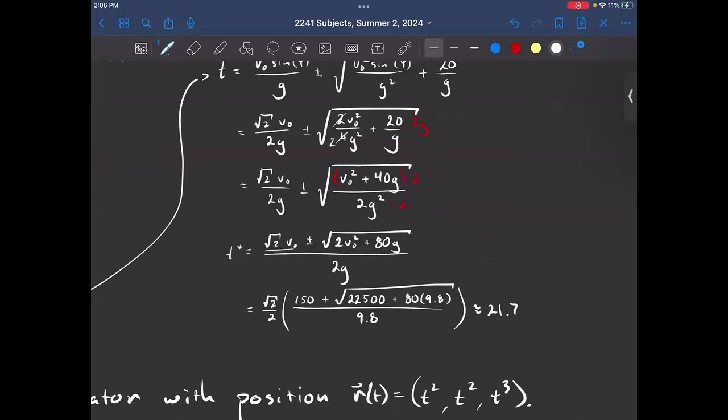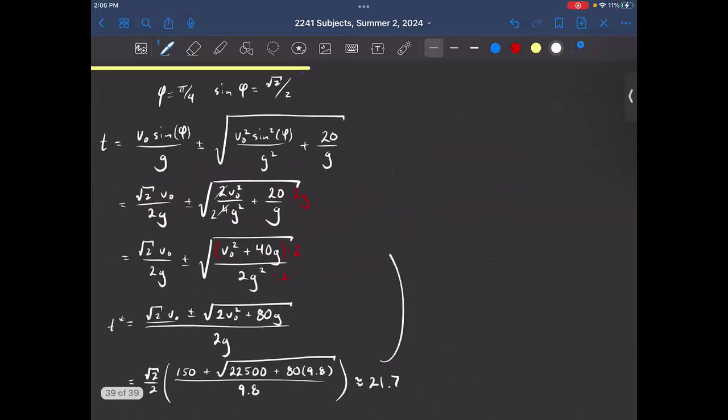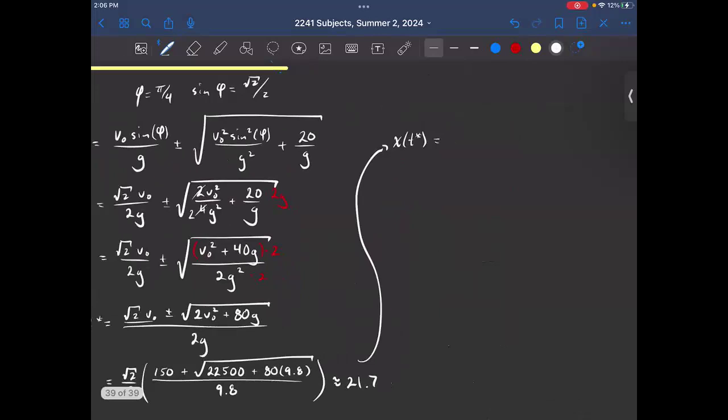And so if you go ahead and take this, plug it right back into x as a function of t, so x of t star, we get, let's see, so x of t, where's x? 150 cosine of pi over 4 times t star, or this is root 2 over 2, so we have 75 square root of 2 times about 21.7.